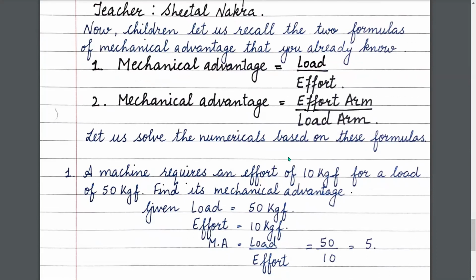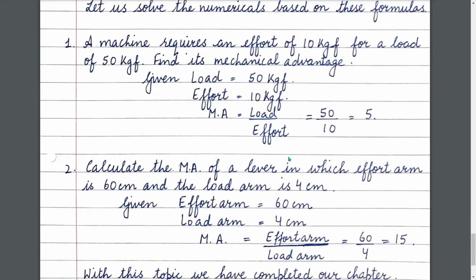Load equal to 50 kgf, effort equal to 10 kgf. The formula used here is mechanical advantage is equal to load upon effort, that is equal to 50 upon 10. Hence, mechanical advantage is equal to 5.